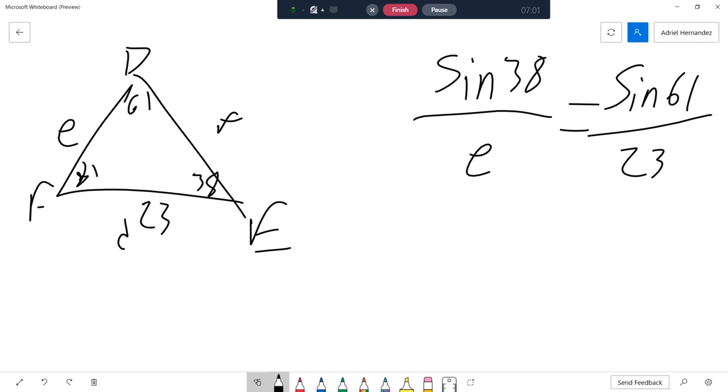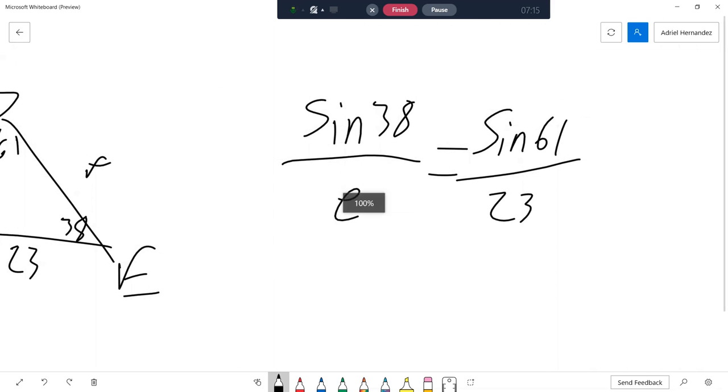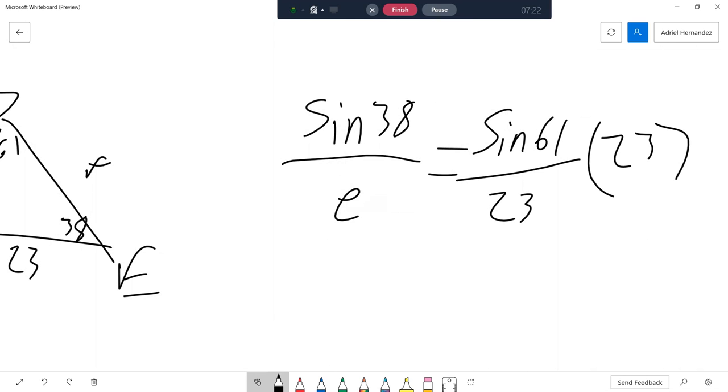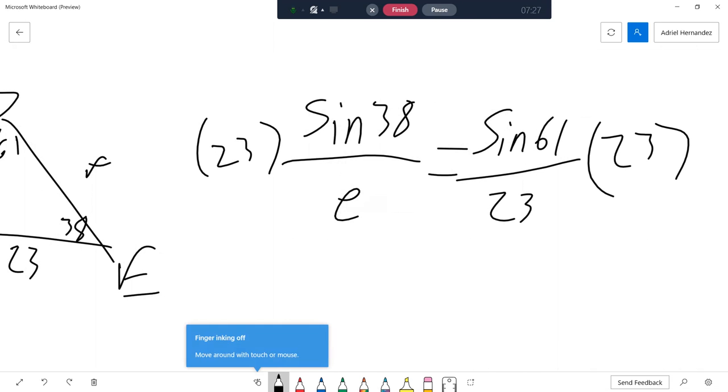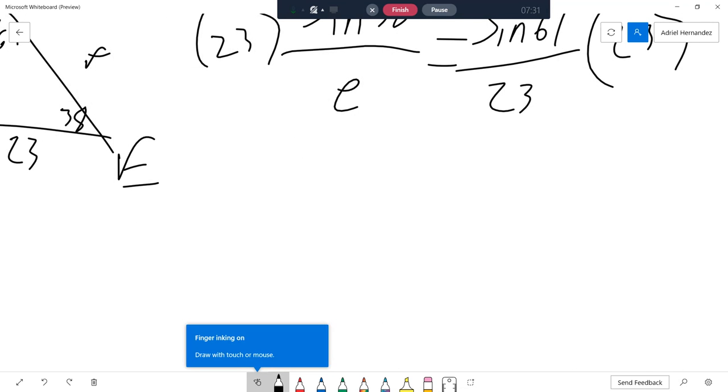So it's basically just solving an equation, we're finding E. So we're gonna multiply 23 on both sides, and then multiply E also on this side.